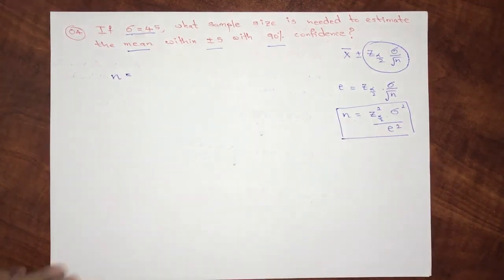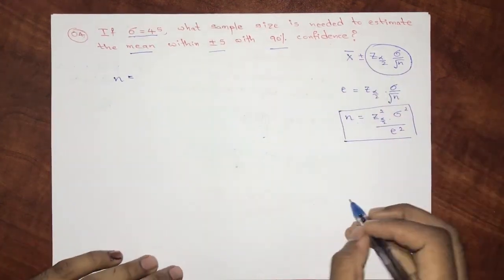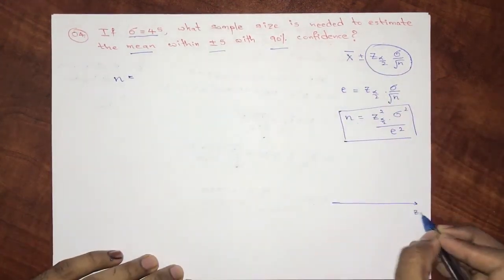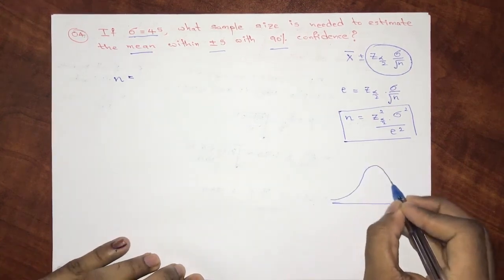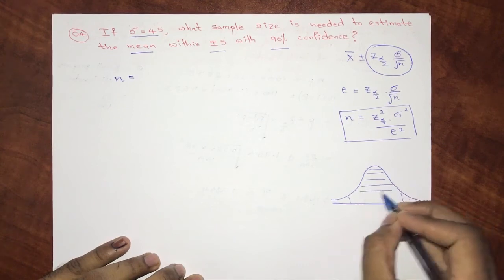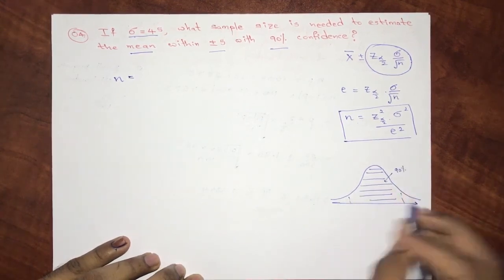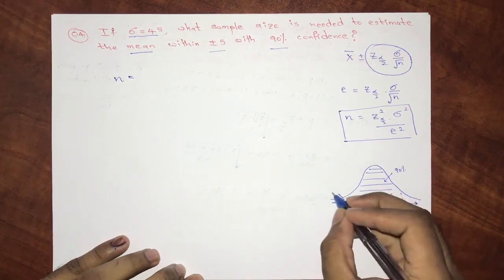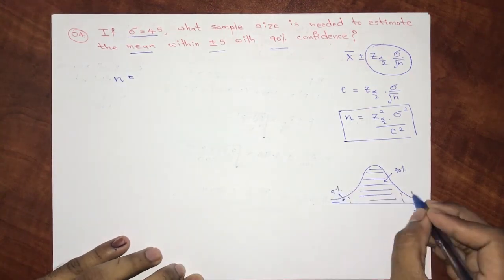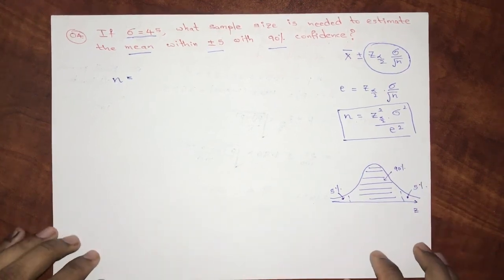So n equals, for 90% confidence. If you draw the standard normal distribution, they are saying this area signifies 90%. Since this is symmetric, this should be 5% and this should be 5%, so that the total becomes 100%.